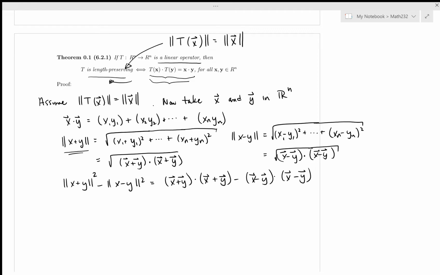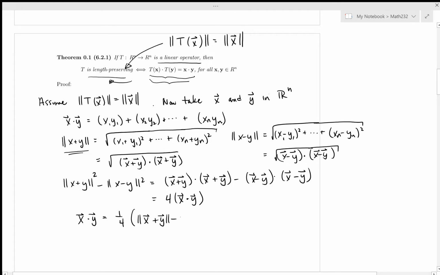This is distribution and then putting together like terms, and you will find that this is 4 times x dot y. Stop the video, fill in those steps for yourself, make sure I didn't make a mistake. So that tells me then that x dot y is equal to 1/4 of the norm of x plus y squared minus the norm of x minus y squared.